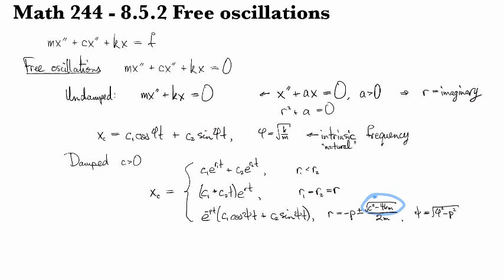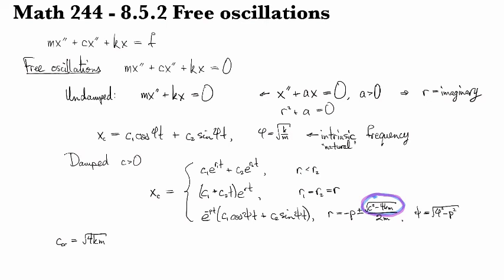We say that the critical damping is the square root of 4km. When c is equal to the square root of 4km, then when we plug it into this formula, it zeroes out the top and you get the repeated roots.